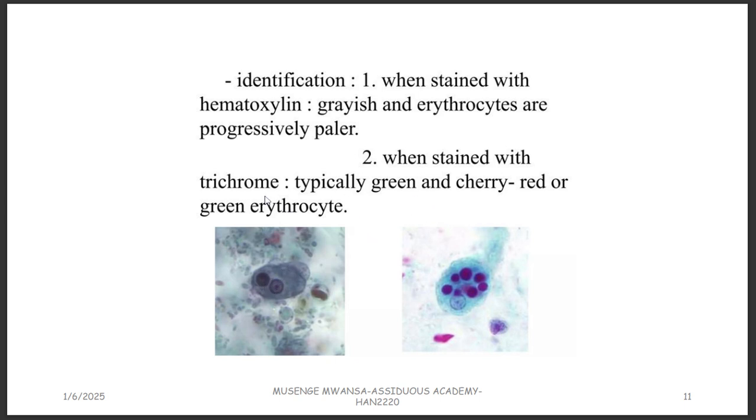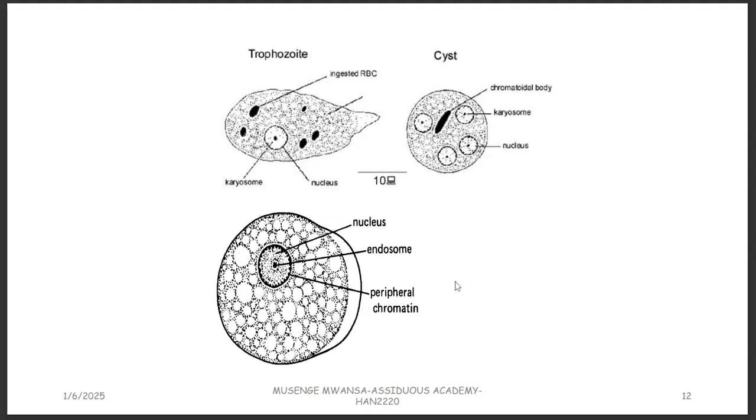And when you stain this using the trichrome stain, they will look greenish. So that's a trophozoite. You can see the ingested red blood cells, and then you have got the nucleus there.